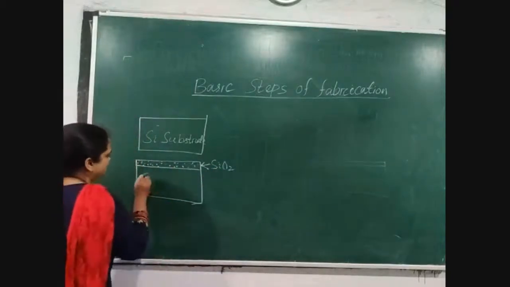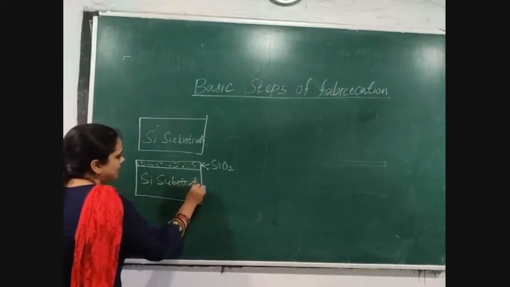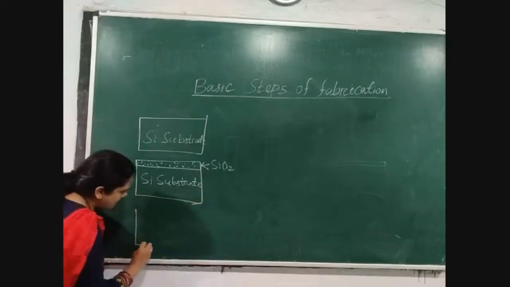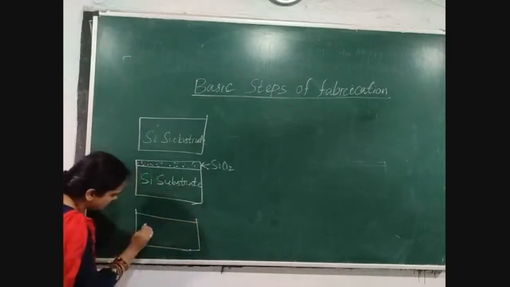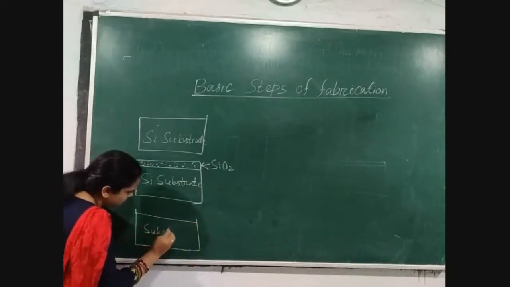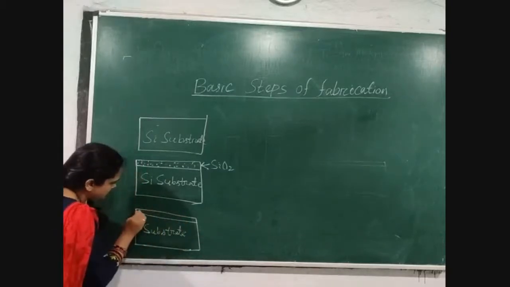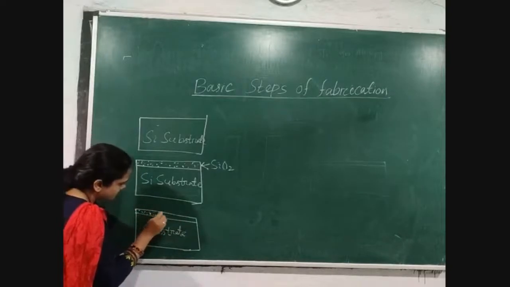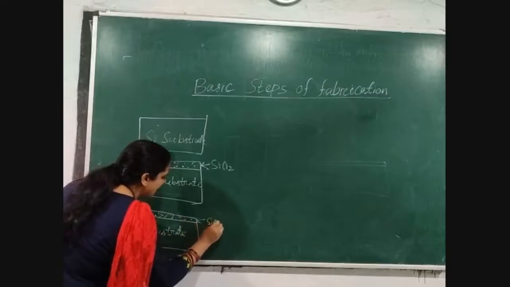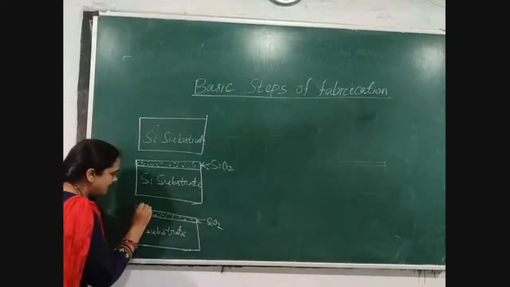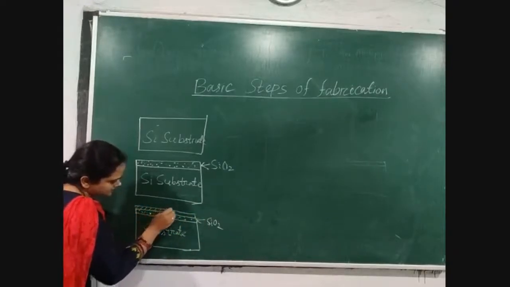After this oxidation, another layer is applied on the surface of the substrate. This one is the oxide layer. On this oxide another layer is formed, known as photoresist.